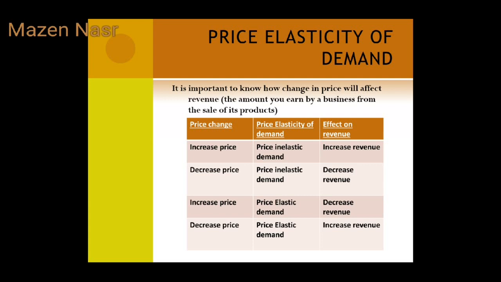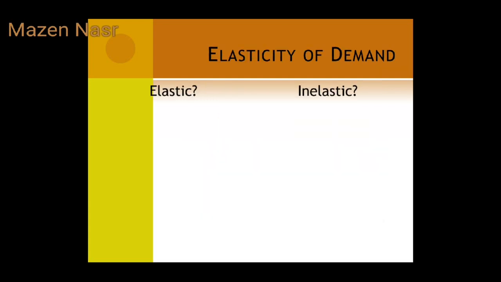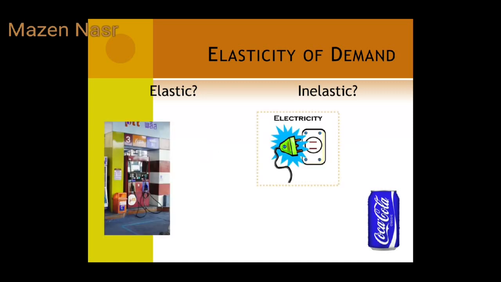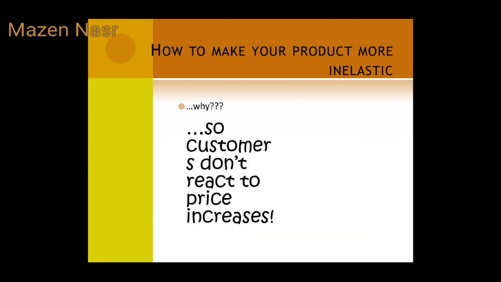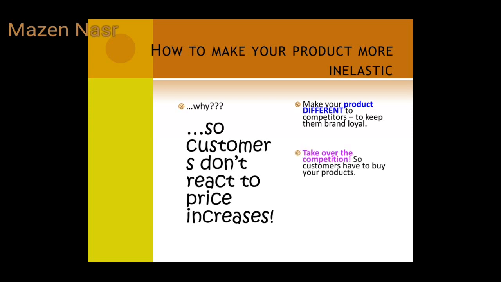But something you have to know, businesses nowadays are really clever: instead of making their products elastic, they make them inelastic. What do I mean? When you buy a mobile phone from Apple, for example, you notice that we don't need Apple to live, but Apple is clever, so they converted our want to a need, right?